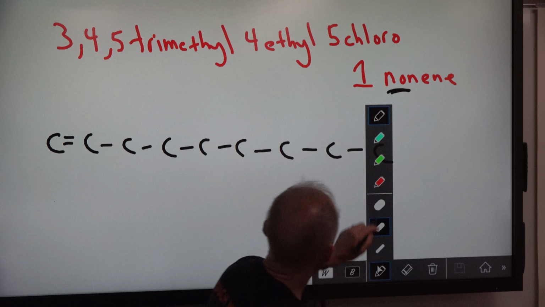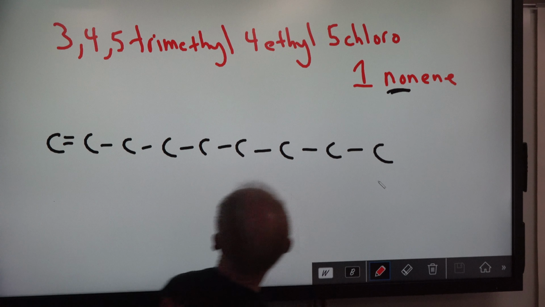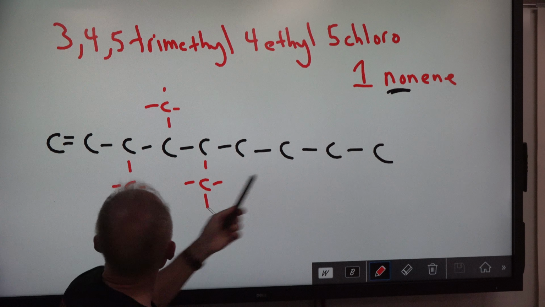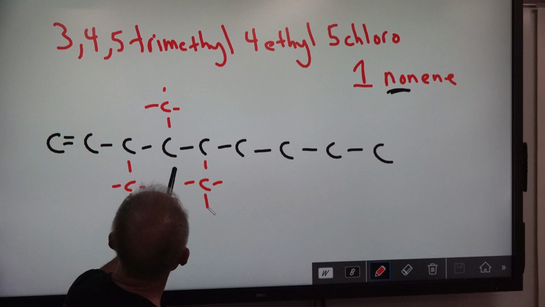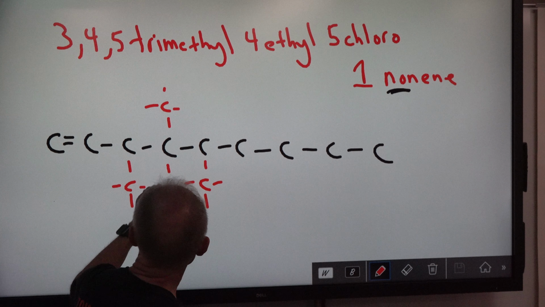Now, 3,4,5-trimethyl, that's 1, 2, here's 3, 4, 5. Remember, you can put them on top of the carbon chain or the bottom, it doesn't make any difference. 3,4,5-trimethyl, 4-ethyl, 1, 2, 3, 4 ethyl. That's a 2 carbon down.